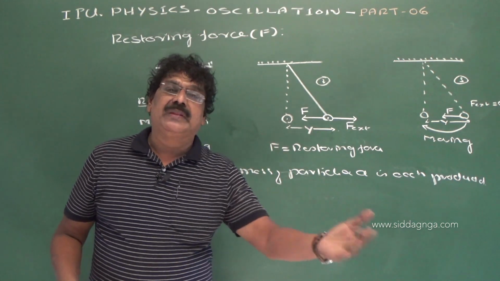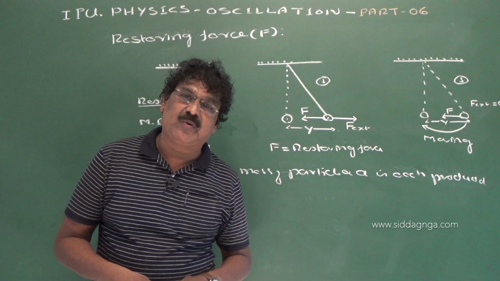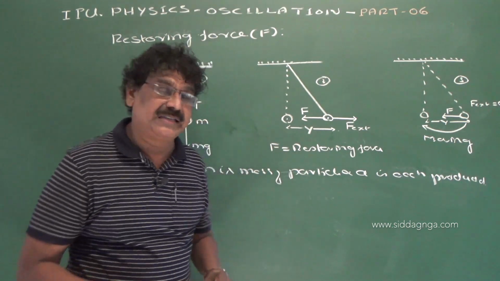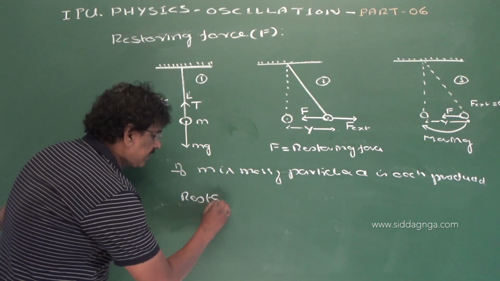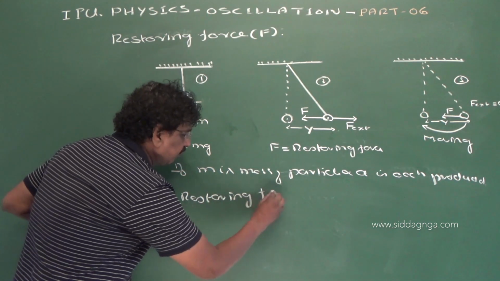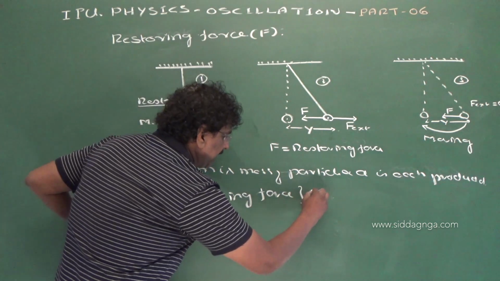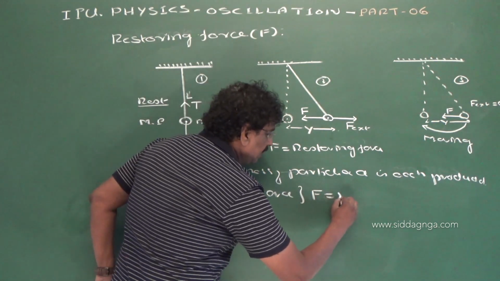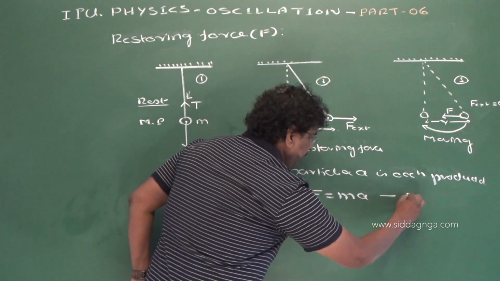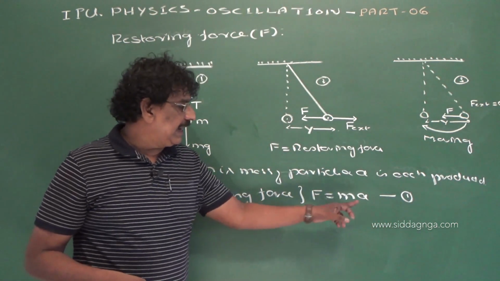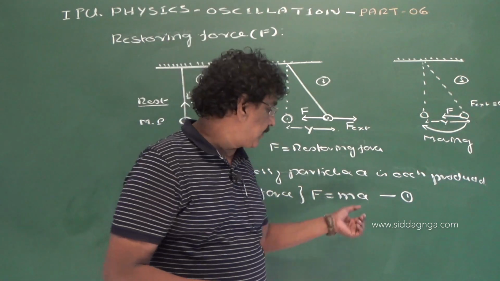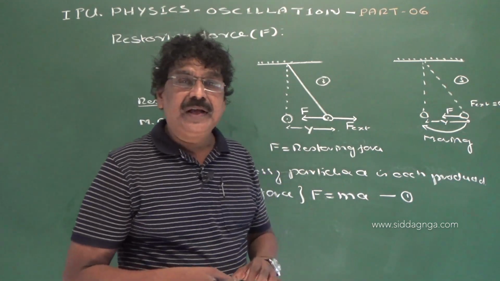The magnitude of force is equal to the product of mass and acceleration. So in this case the restoring force F is equal to ma, where m is the mass of the particle and a is the acceleration.